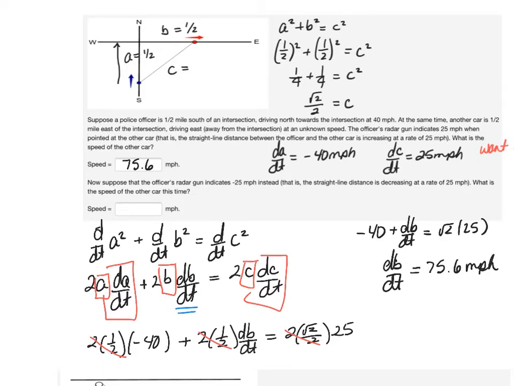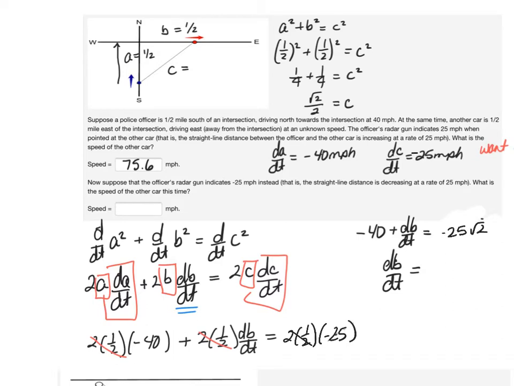Now, if the speed of the gun indicates a negative 25, then what changes on this is, let me just erase really fast here. The thing that changes is that this will be a negative, so it is the 2 times 1/2 multiplied by a negative 25, and so I'll have negative 25 over here, root 2.